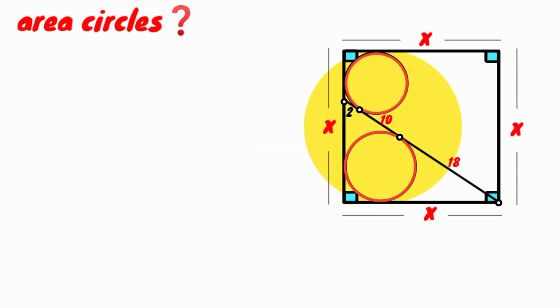Well, it is very simple. Like we all know, the formula for calculating the area of a circle is pi r squared, where r is representing the radius of the circle. But here we have two distinct circles. They'll have their individual radii. We assume the radius of this circle to be a and that of this to be b.